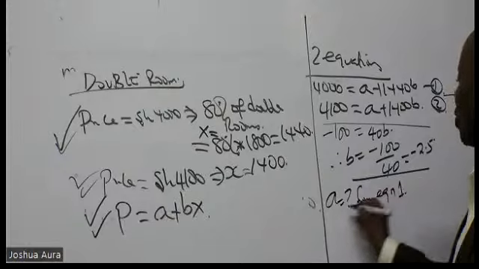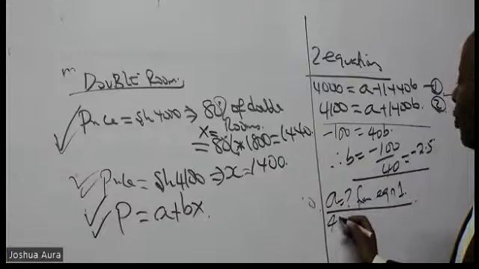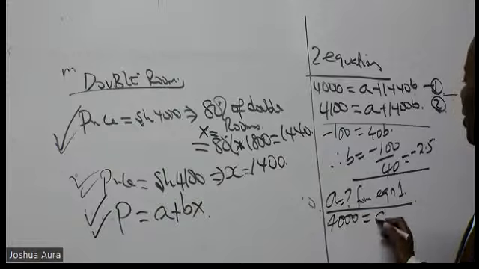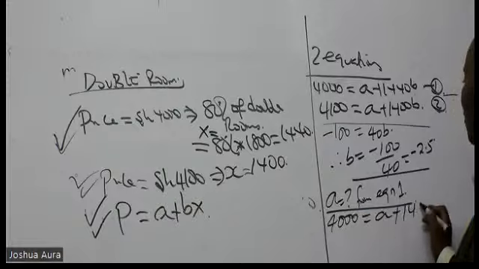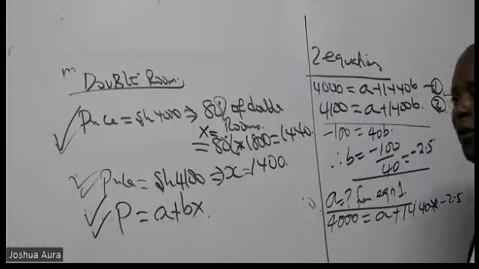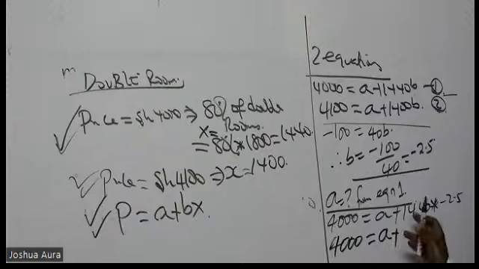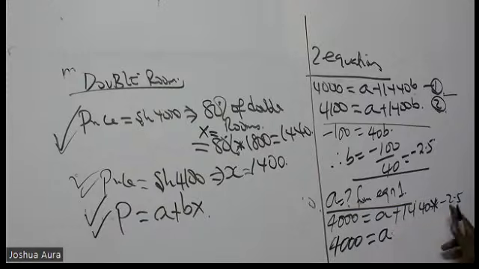From equation 1, we have 4,000 equals A plus 1,440 B, and B is minus 2.5, remember. So what is this times this? It will be negative.